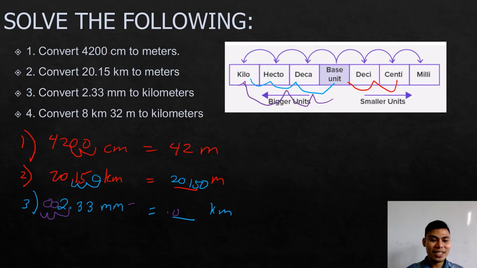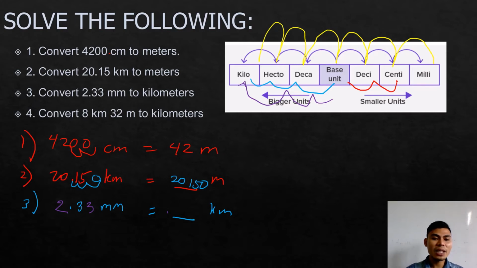So, let's erase muna. So let's have this one. It's 2.33 millimeter. So, millimeter going to kilometer, let's use yellow. 1, 2, 3, 4, 5, 6.